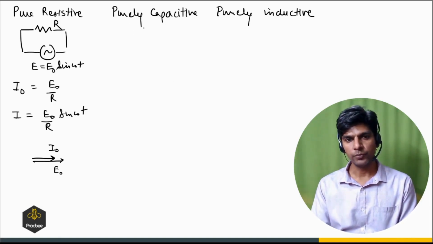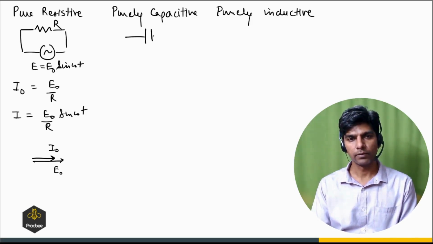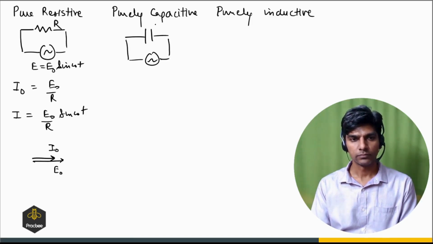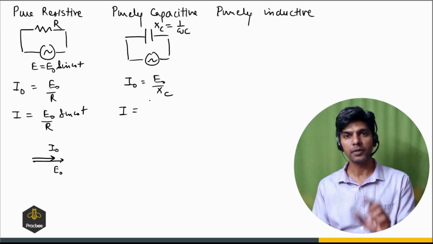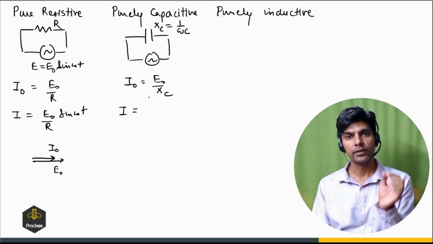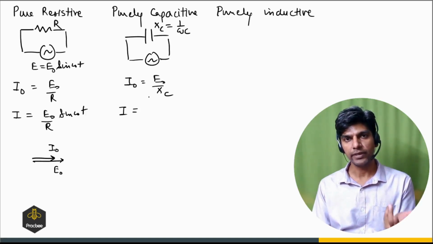And in case of purely capacitive, which is having a capacitive reactance XC, which is 1 by omega C. So we can say in this case the peak current will be E naught by XC, and the instantaneous current will be, in case of a purely capacitive circuit, current leads voltage by pi by 2.